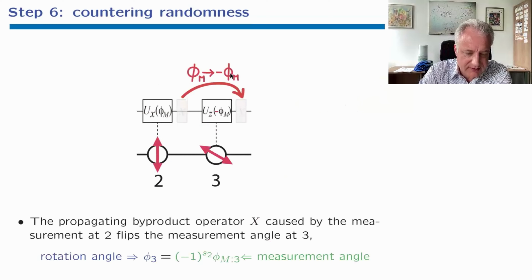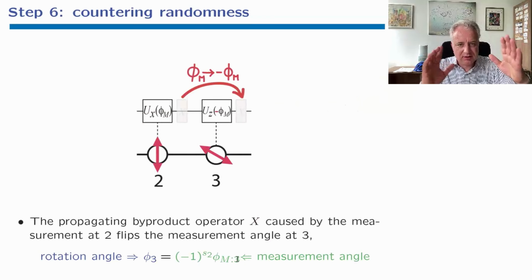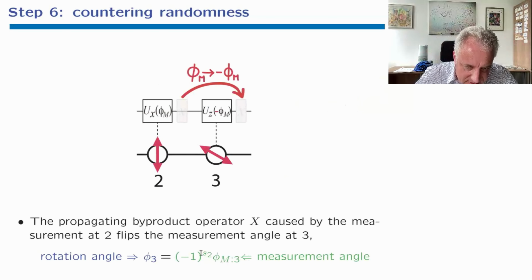The propagation effect on the relation between the rotation angle and the measurement angle is that the rotation angle that is really being implemented is the measurement angle, the choice of the measured observable specified by this measurement angle, times a sign factor plus or minus 1 that depends on what the outcome was of the previous measurement. So the rotation angle is the measurement angle times a random sign factor plus or minus 1.